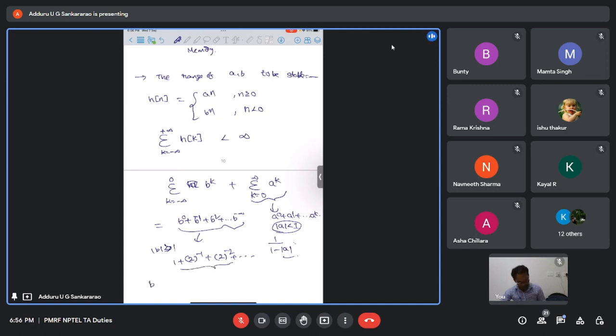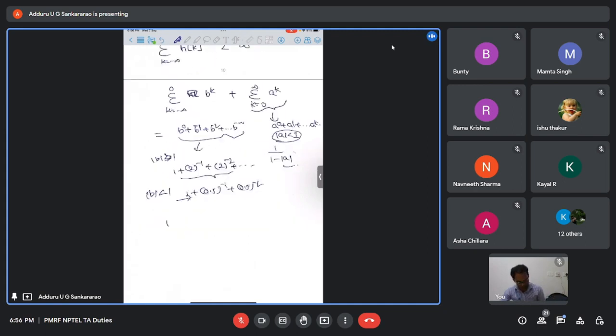If mod b is less than 1, let us say 0.5, then 1 plus 0.5 power minus 1 plus 0.5 power minus 2, it will go up to infinity. So if mod a is less than 1 and mod b is greater than 1, then the summation will be a finite quantity, and the system is stable.